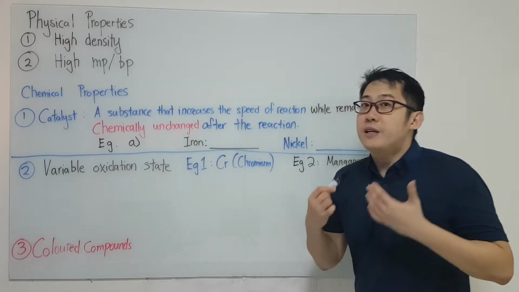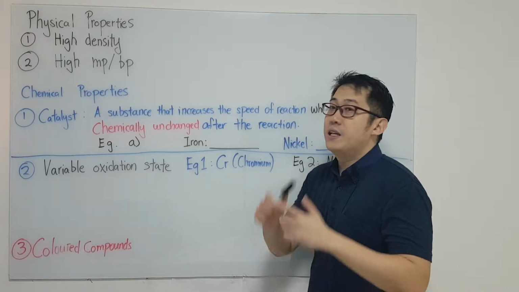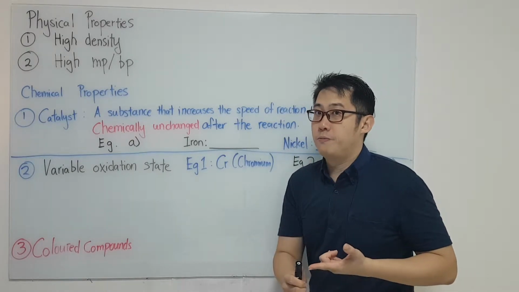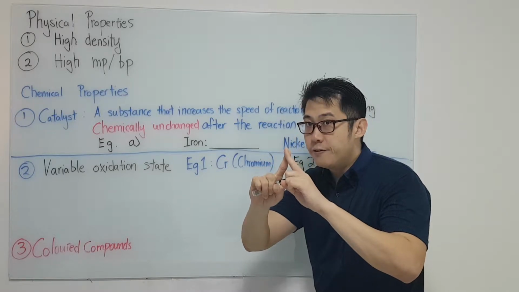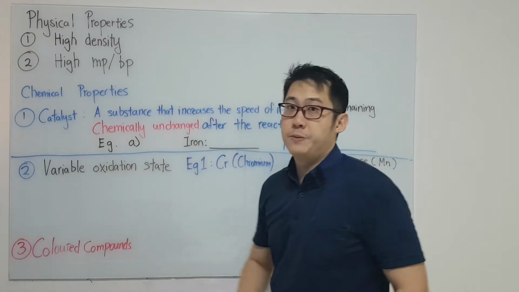Now, there are also some chemical properties that you need to know for this chapter. The first one is that transition metals, elements, as well as the compounds that they form. Take note, it's two things: transition metals themselves and the compounds that they form are very good catalysts.